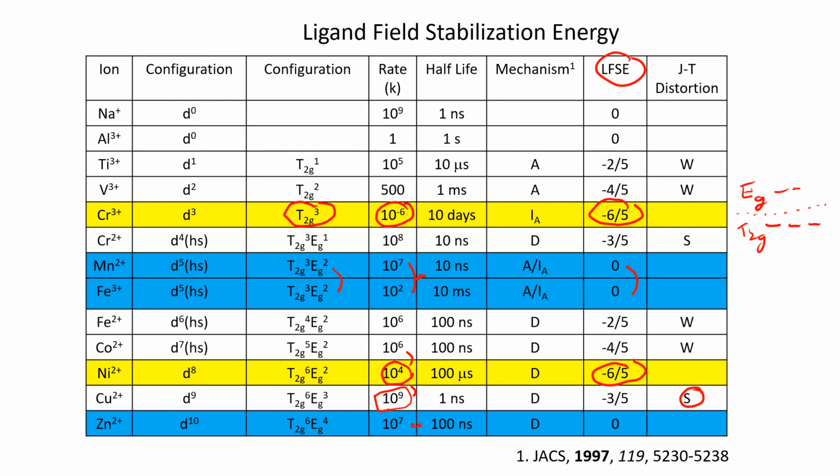But ligand field stabilization energy gives you a good sense, because this is the energy well you're starting in. If it's very deep, if you're very stabilized by this, you're going to have to get yourself out of that. It's going to cost you time. It's going to cost you activation energy. So in general, large negative ligand field stabilization energies make a complex more inert.